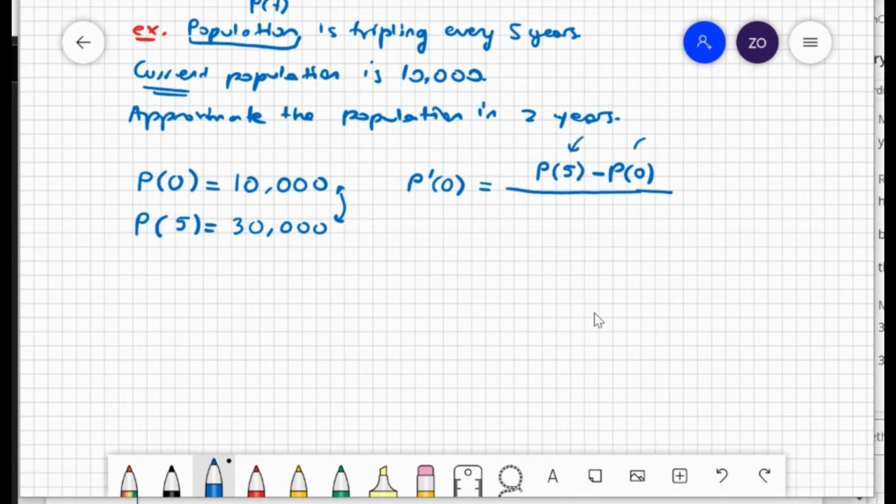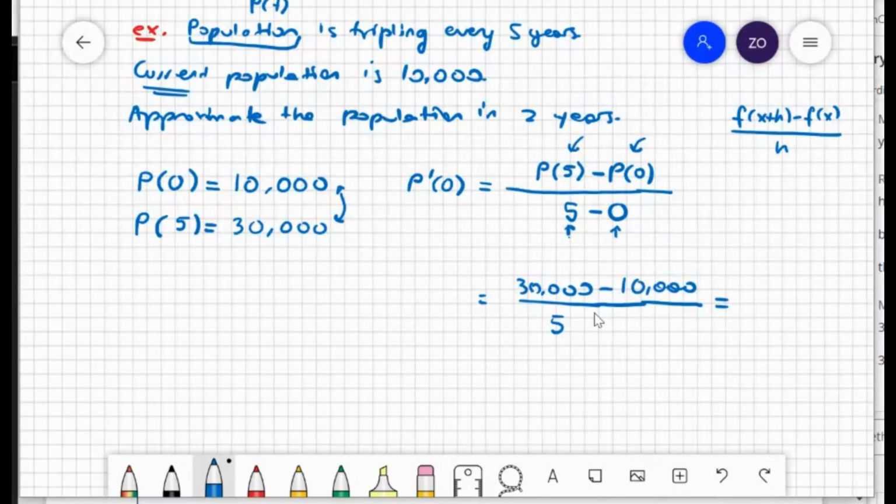Compare it with this formula, f of x plus h minus f of x, divided by h. In 5 years, the difference will be just 5. And the population, how much is it going to change? It's going to become 30,000. And the current population, P of 0, is 10,000.